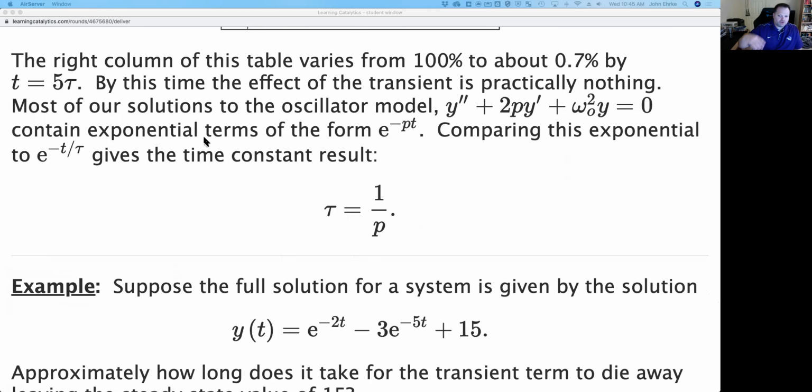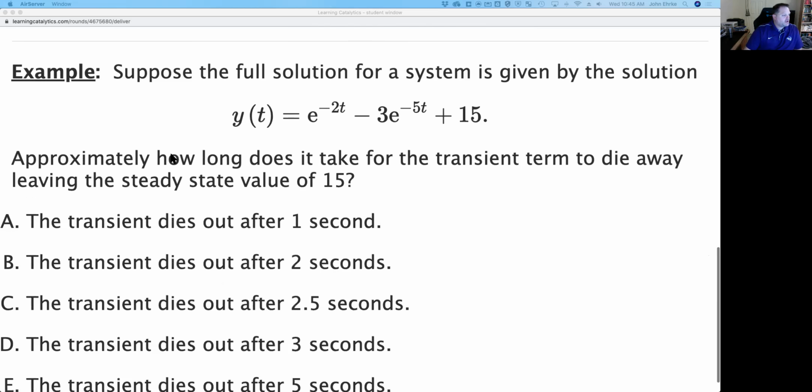The best way to think about this is to just do it and look at an example. So suppose that I was to solve a spring mass system and this ended up being my solution. You can see that we've got two exponential functions that are decays. They're going to decay away, which is eventually going to leave us with a steady state of 15. But what I want to know is how long it takes for these terms to essentially die off.